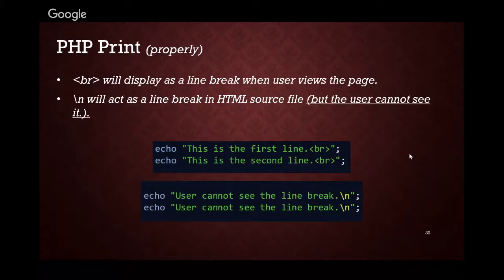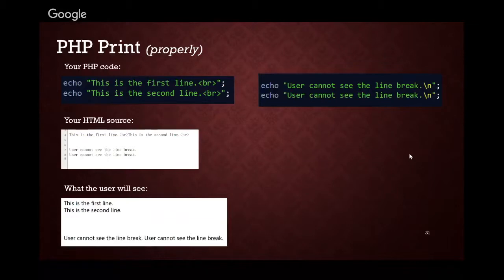So let's say that you print these two lines here. The result in your HTML file will become: this is the first line, then br, this is the second line, then br, and the second line will become like this. The user cannot see the line break.